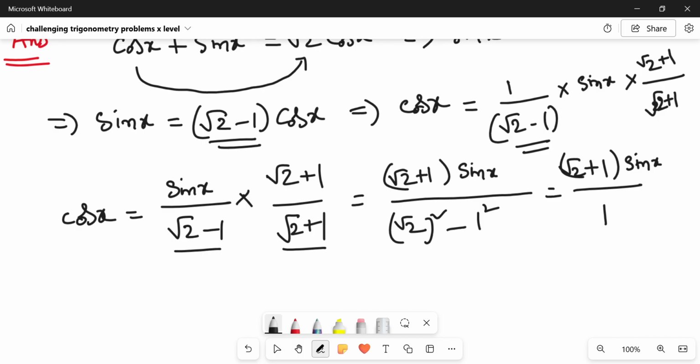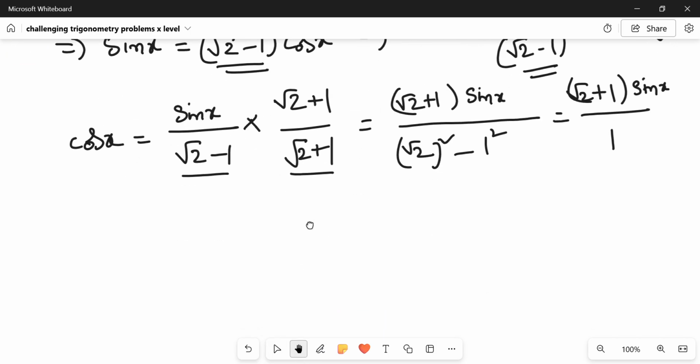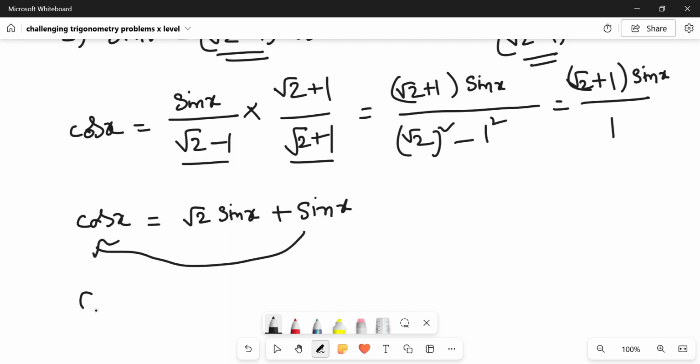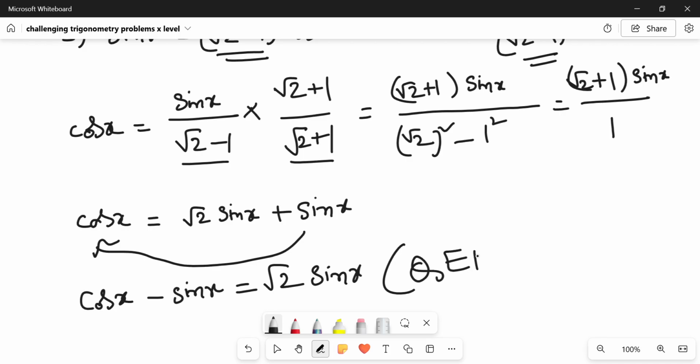Now the problem is almost over. So cos x is equal to root 2 sin x plus sin x, and just swing the plus sin x to the other side. So you have the result cos x minus sin x is equal to root 2 sin x. So that's the required result. So QED, hence proved. So that's it. So let's see the next problem.